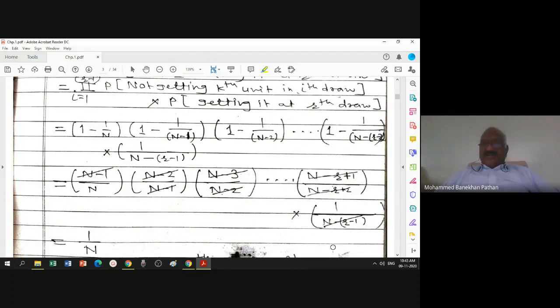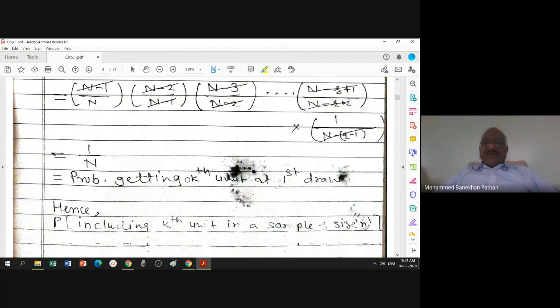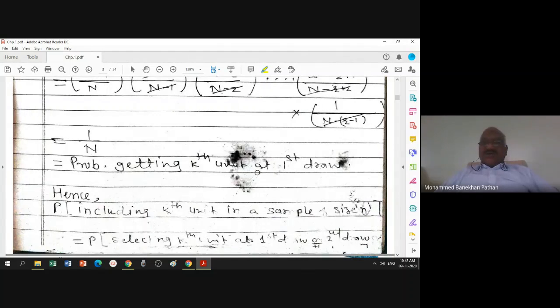You can see this numerator cancels with the denominator of the next, and so on, and the last cancels with the last term. So what remains? Only 1 upon n remains. And that is the first part of the question: the probability of getting the kth unit at the first draw.